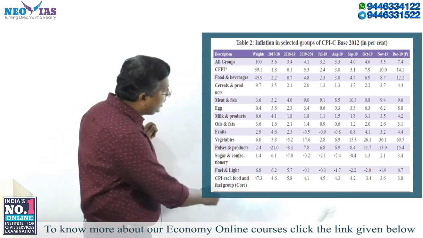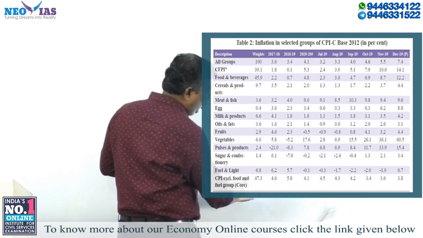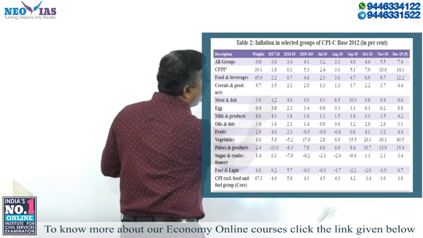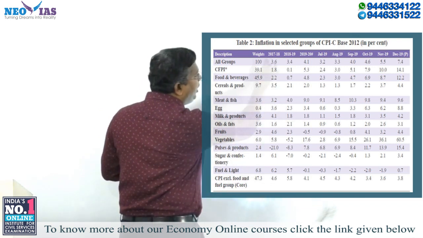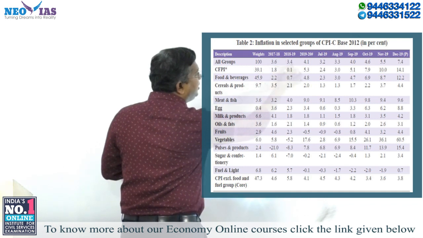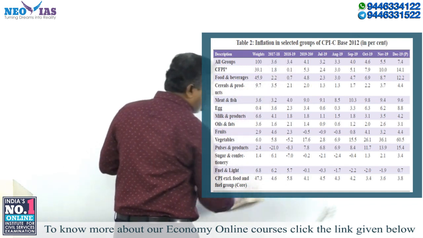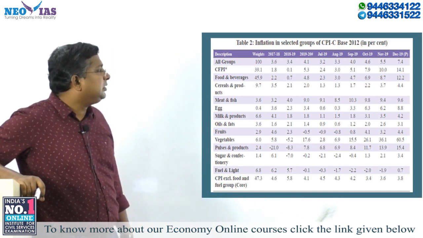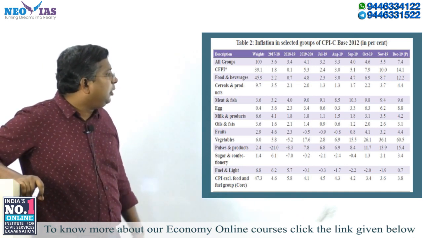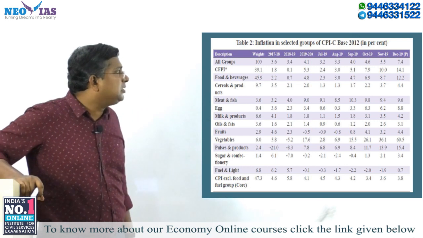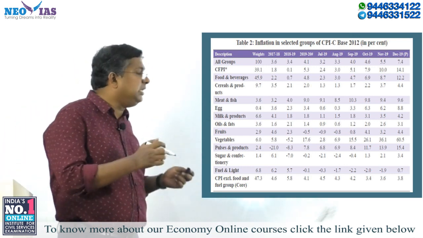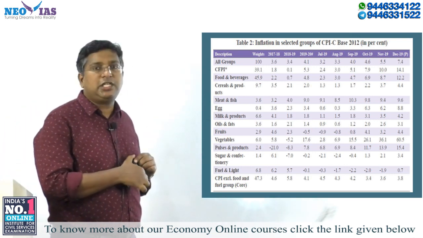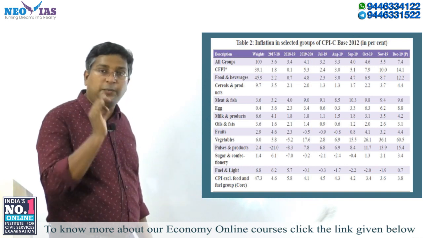Now, I told you even in 17-18 and 18-19, when consumer price index combined was lower, the core inflation was above 4%. All these points you keep in mind. Now, one important point regarding December 2019: the food inflation that month was 14%.